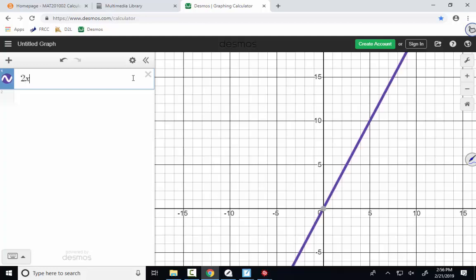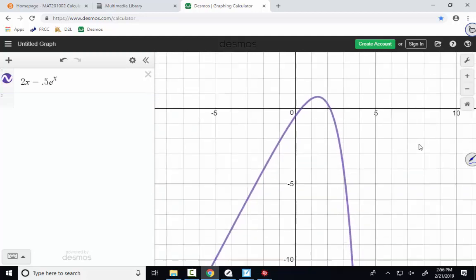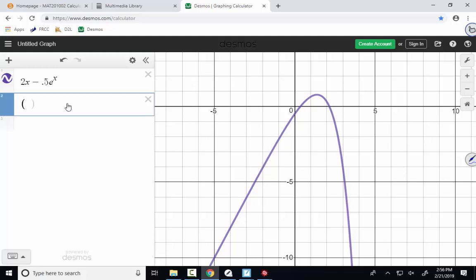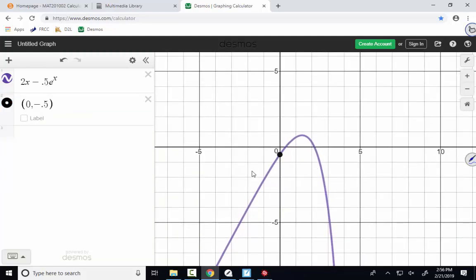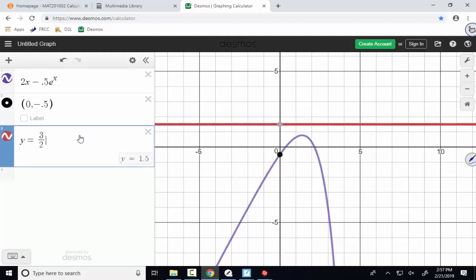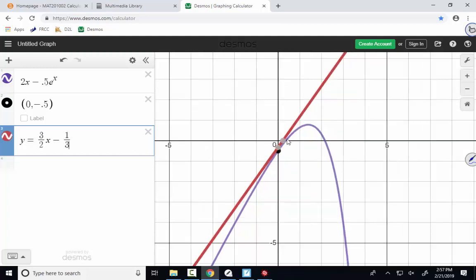So that is the equation of the tangent line. If we look at the function 2x minus 1/2 e to the x, we have this function at the point 0, negative 1/2. The first thing we measured was how steep the graph is at that point, which was 3/2. And then we constructed the line. Notice if the y-intercept of that line is any different, then it's no longer tangent at that point.